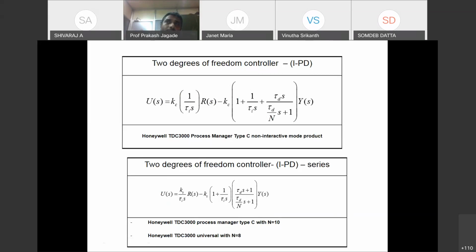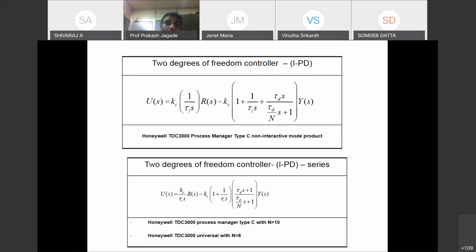So you can avoid kick, or abrupt variation in the controller output, by employing this particular structure, that is the IPD structure. This structure has been realized in Honeywell TDC 3000, which is a famous distributed control system, that is in Honeywell DCS.